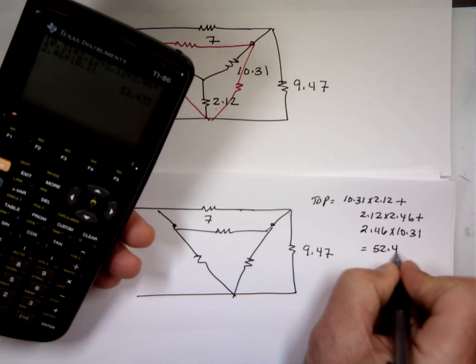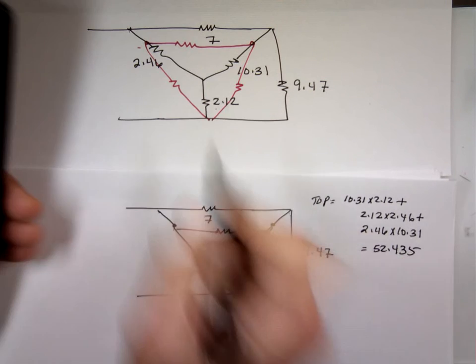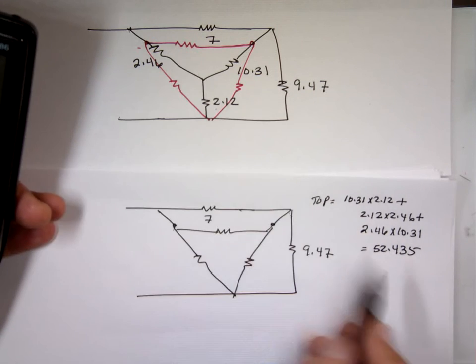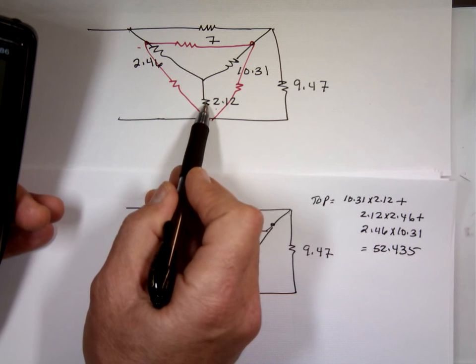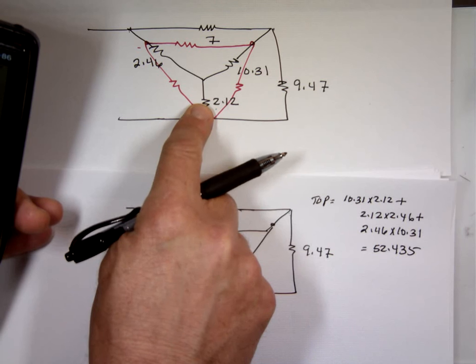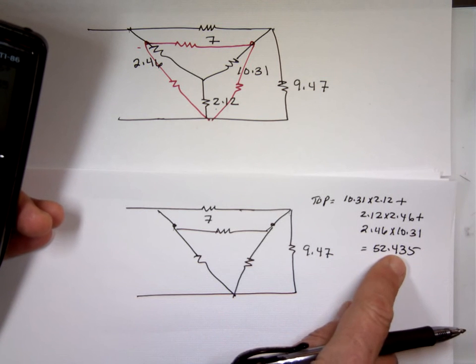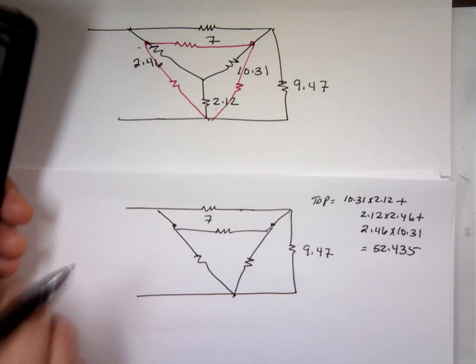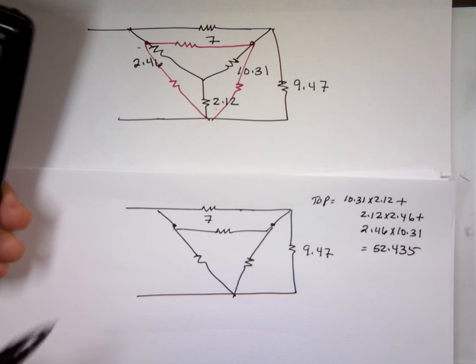52.435. So this resistor here is going to be this number divided by 2.12. The opposite. So 52.435 divided by 2.12. 24.7.